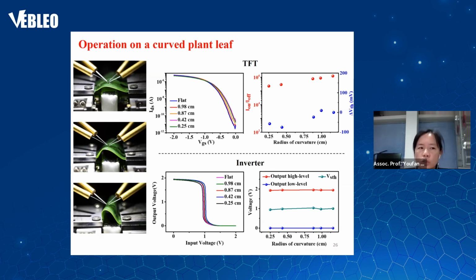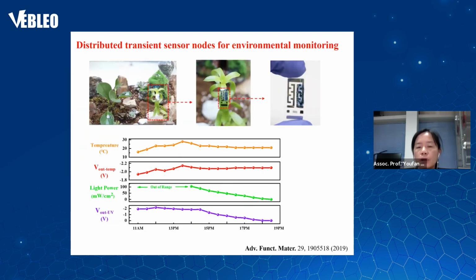So it shows very good biointegration capability. And because it is a transferable method, when you transfer the whole system to some kind of water-soluble substrate, in such a case, you can get transient devices.